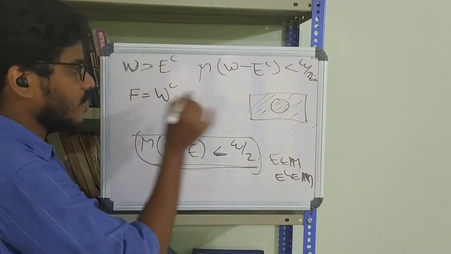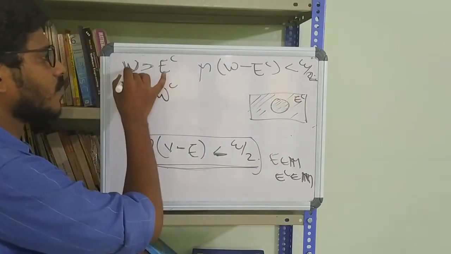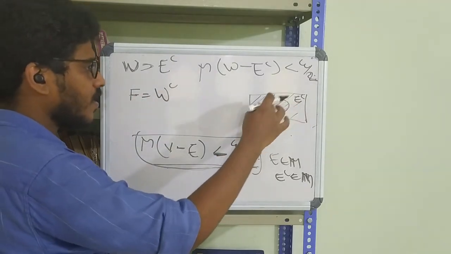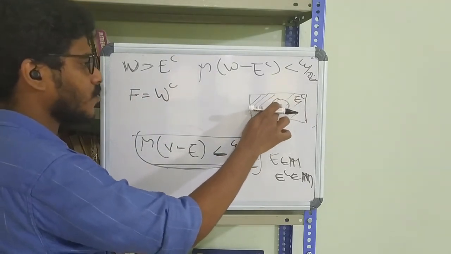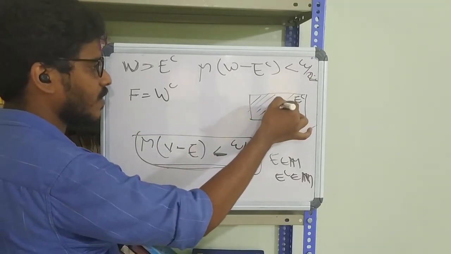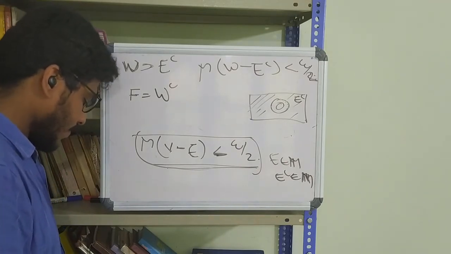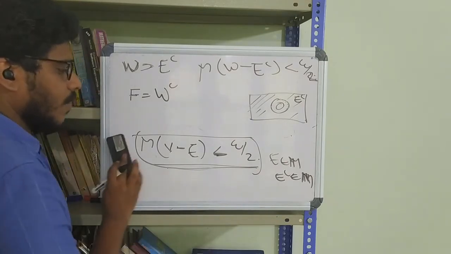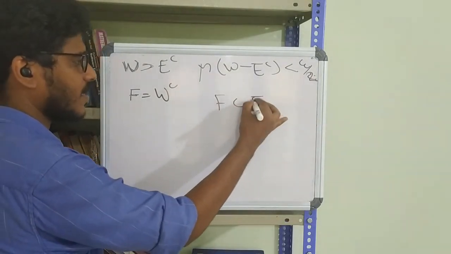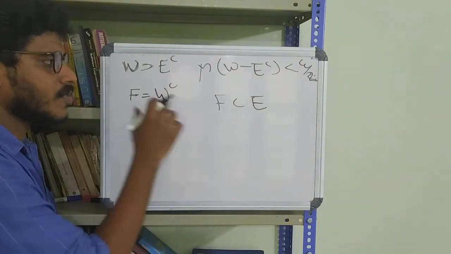Or sorry, these are the parts of E complement, and these are parts of W, and F is assumed to be the W complement, so F must be somewhere inside E, right? So let's note it down. F has to be somewhere inside E, and these things can be easily verified using a Venn diagram. I suggest you try them out.